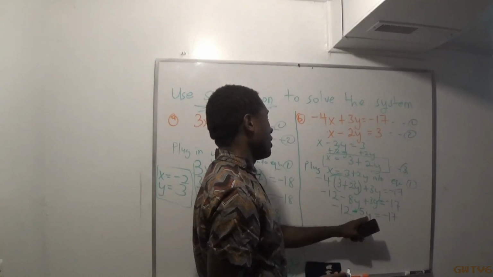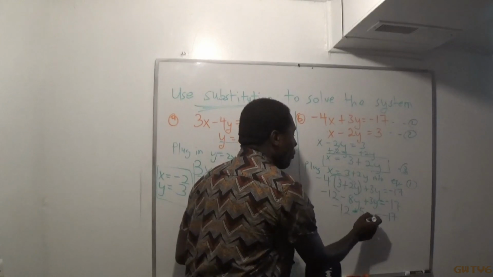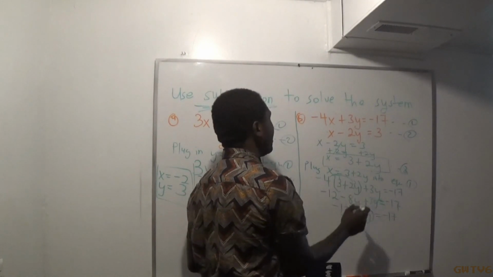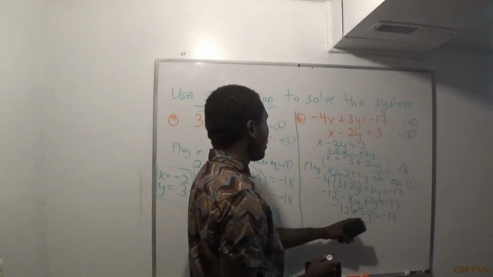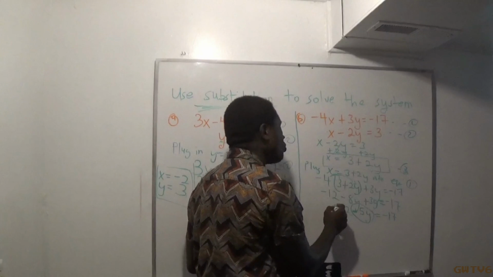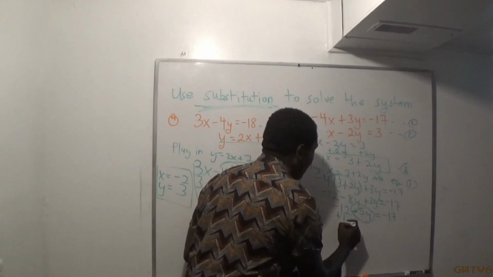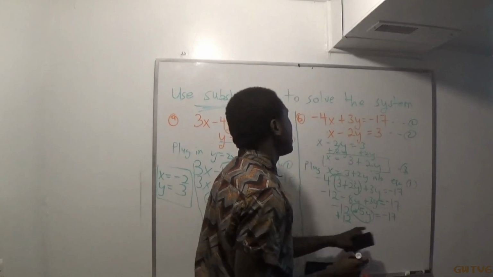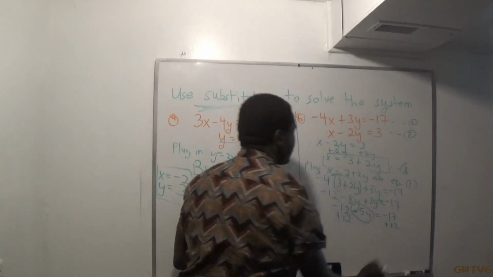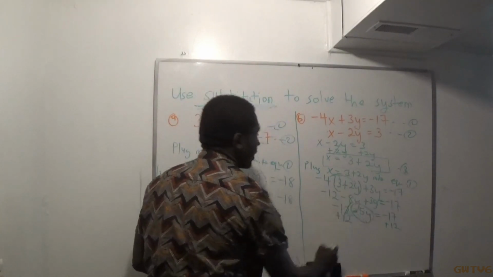I'm solving for y, but I have a number with the y. So I want to get that by itself first before I can get just the y by itself. So whatever is close to this, I gotta get rid of it. The -12, and I do the opposite to get rid of it. So plus 12. Whatever I do on one side, I'm doing the same thing on the other side, so I'm gonna add 12 here also. These two will cancel out.